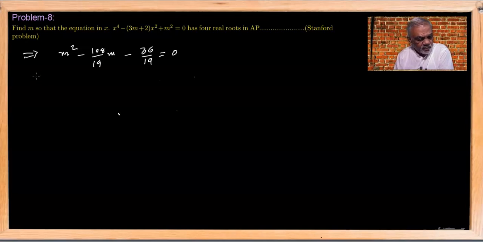This I would like to write as m square minus, splitting the middle term, 114 by 19 minus 6 by 19.